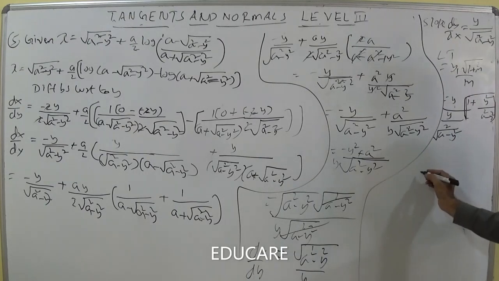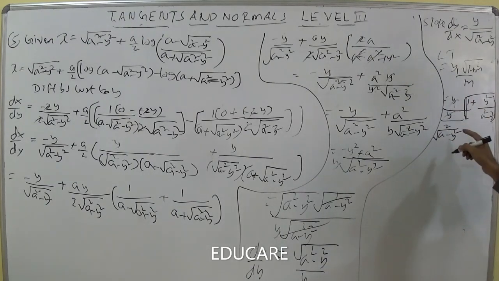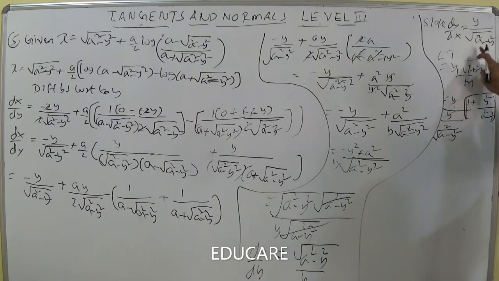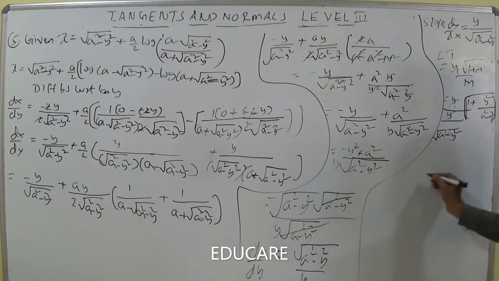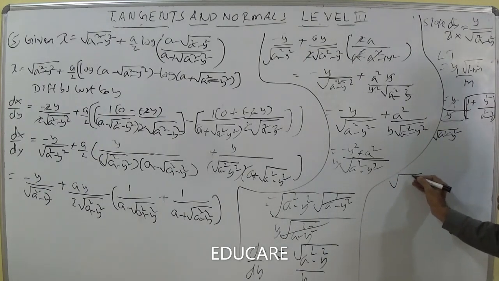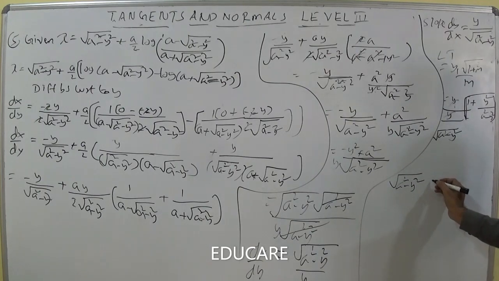If root a square minus y square is taken to that side, then y1 by m, I had written, y1 by 1 plus m square, here we should write a square. So root a square minus y square taken as numerator, then you can write here root a square minus y square by 1.